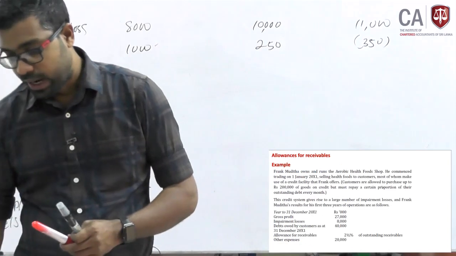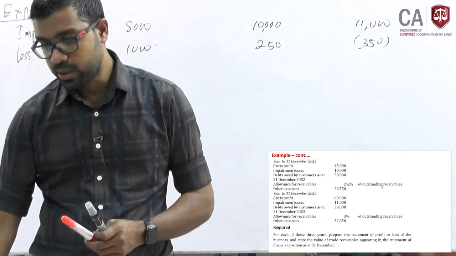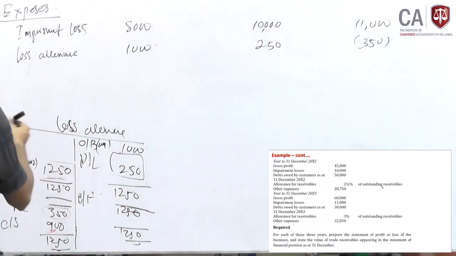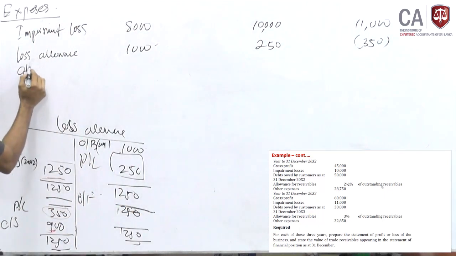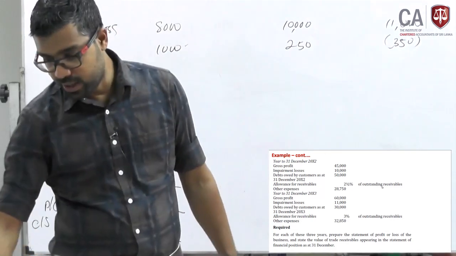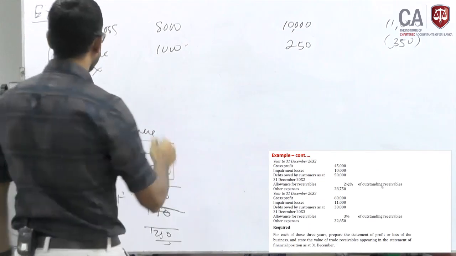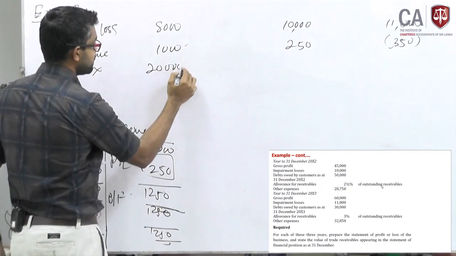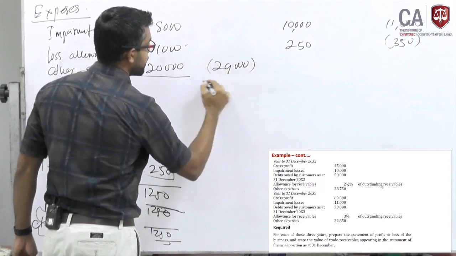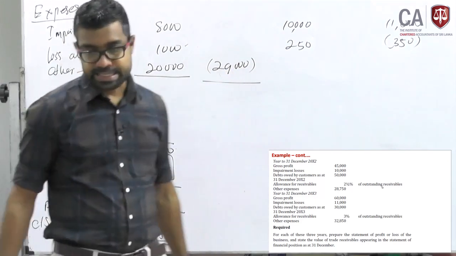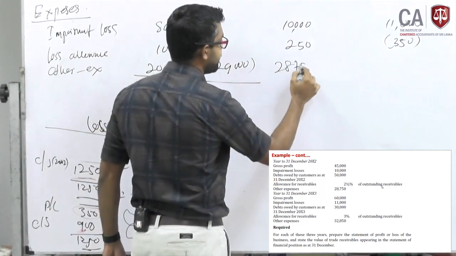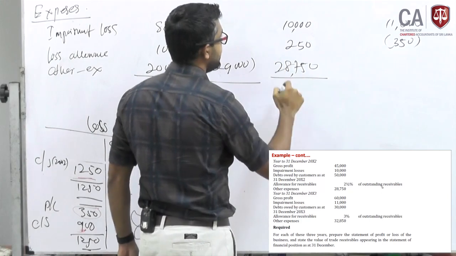Right? Fine. Other than that, other expenses 20,000 to P&L. First year you have 20,000, right? Altogether 29,000 total expenses. Next year you have 28,750, right?